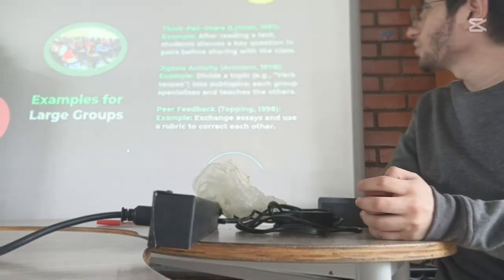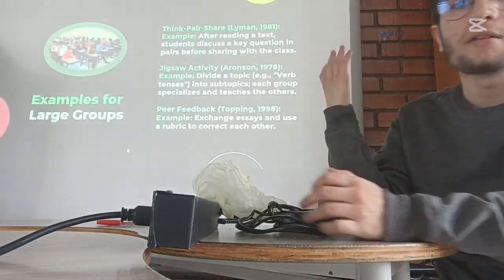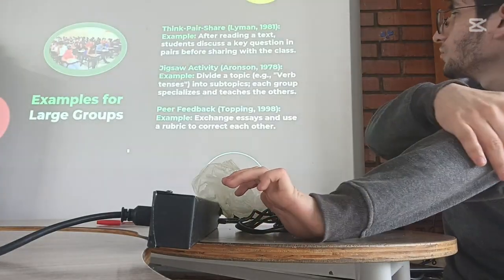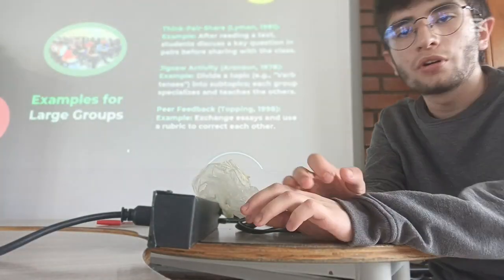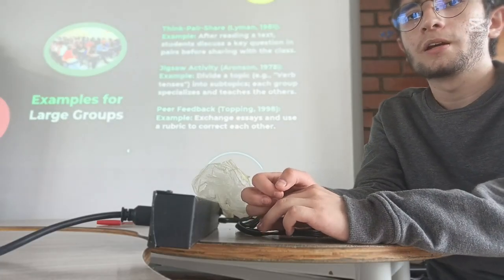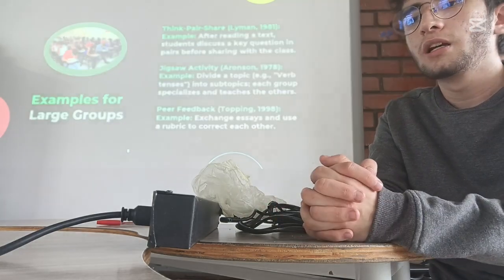So think-pair-share. I have an example of think-pair-share in this presentation. Students, after reading a text, discuss a key question in pairs or in threesomes or groups of 4 and 5 people.